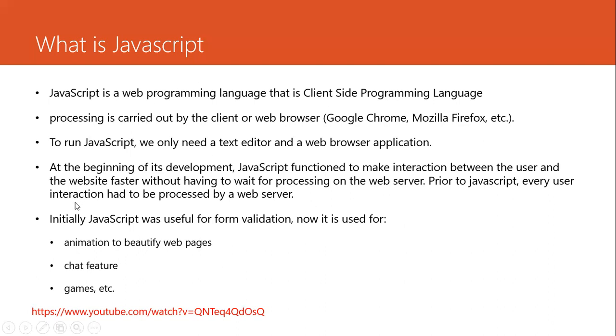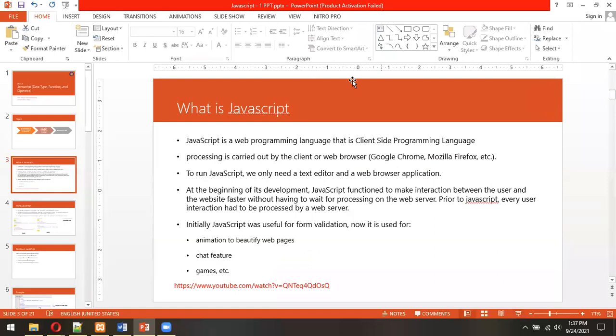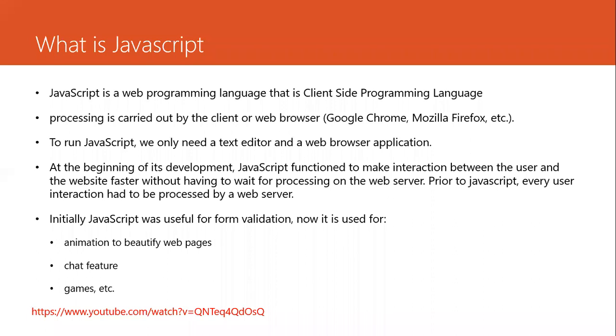So maybe I will give you a short video about using CSS and JavaScript in a website. As you can see, we can make a clock, we can make a calculator, and also we can give a more dramatic effect in our website if we combine CSS and also JavaScript.